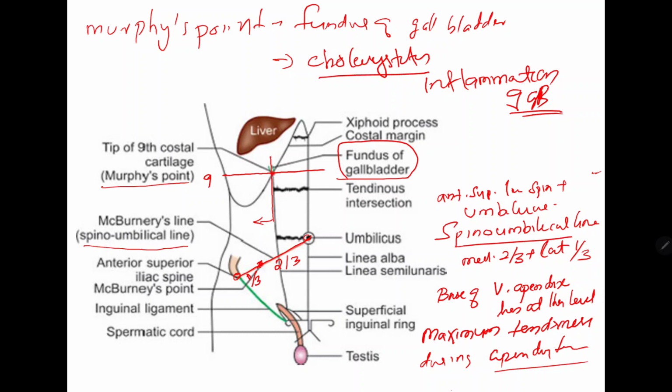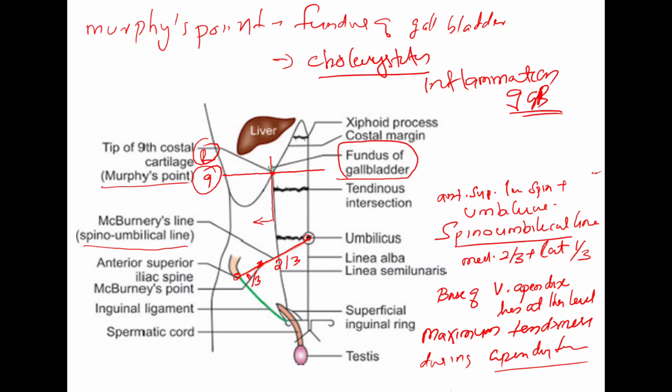Again, it is the meeting point of the linea semilunaris with the right ninth costal margin. It corresponds to the tip of the ninth costal cartilage. The fundus of the gallbladder lies deep to this point.